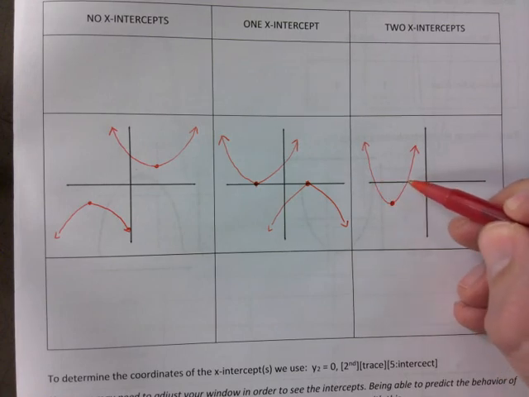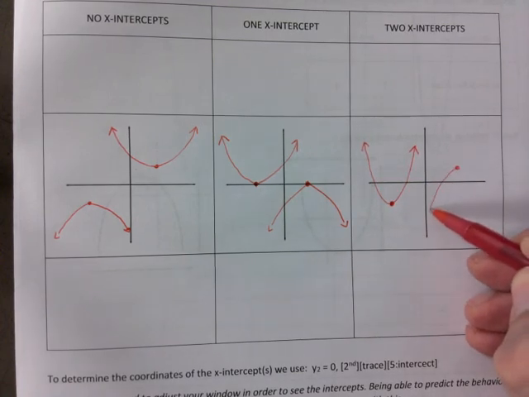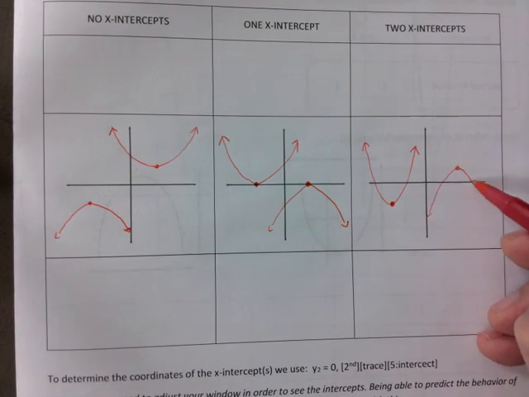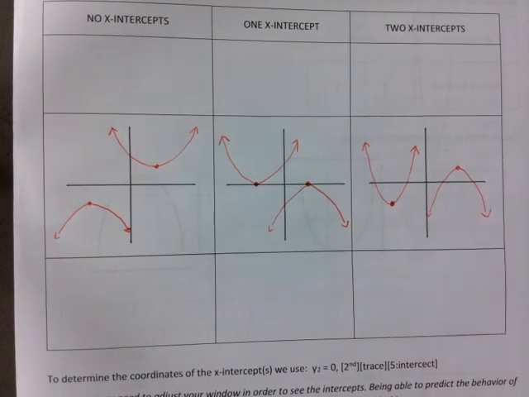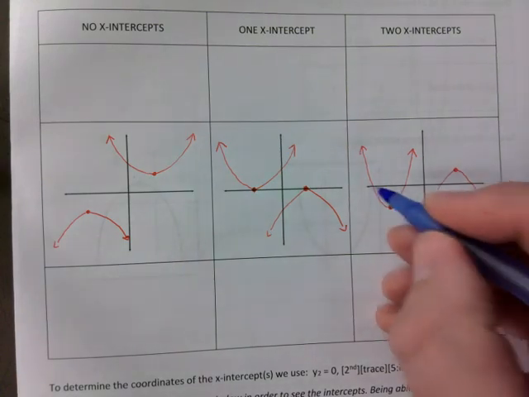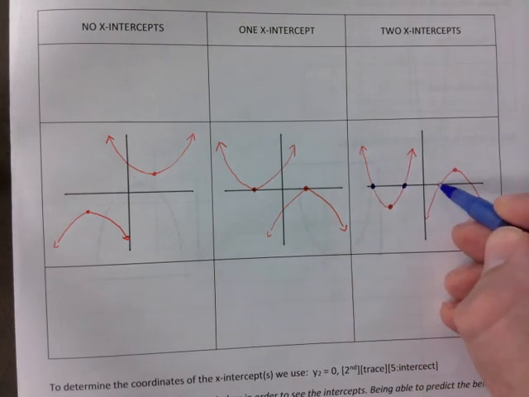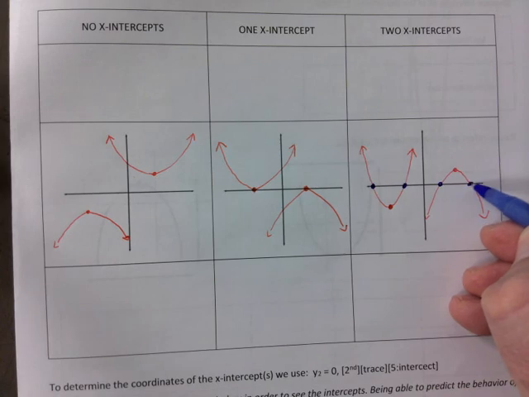So you have 2 x-intercepts, or you have the vertex above and it's going down like this. So there are your 3 scenarios that you can have. I will add these 2 points here because I want to focus on the x-intercepts there.